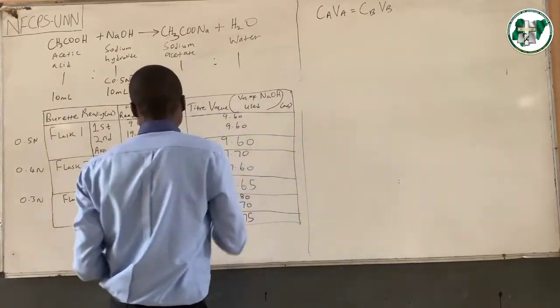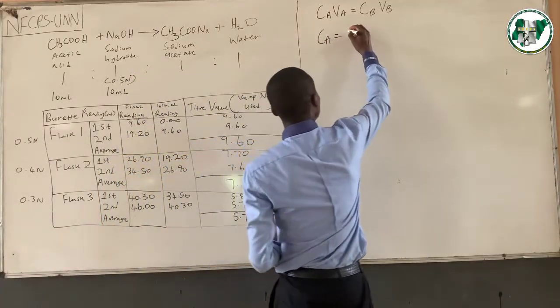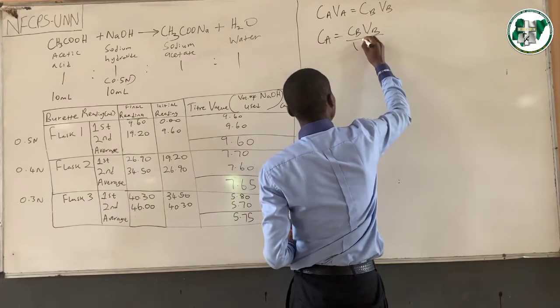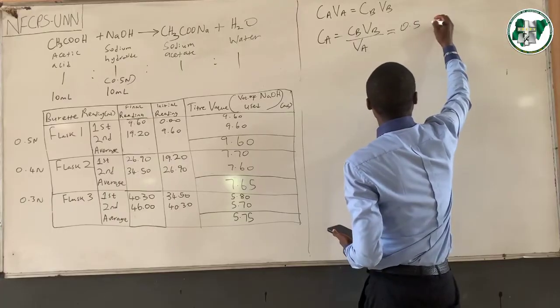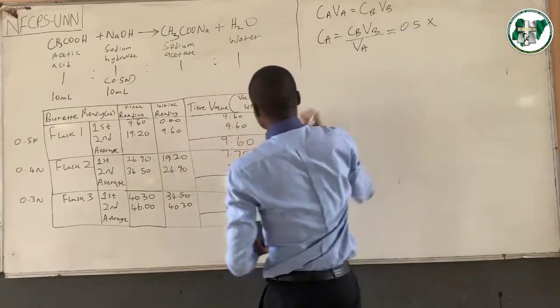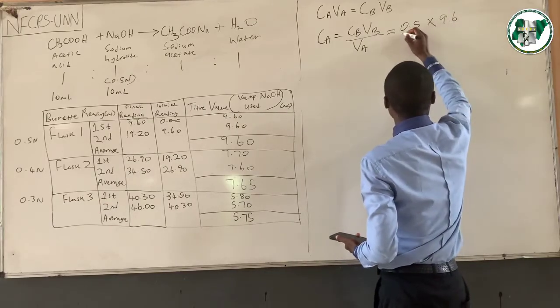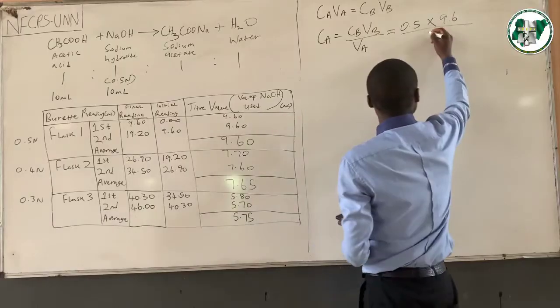So let us start with the first flask. For flask 1, CA is equal to CBVB over VA. Our CB, concentration of base, is 0.5, and our volume of base is our titer value, the average titer value, which is 9.6, and our volume of acid, which is 10 mil of the filtrate, is 10.